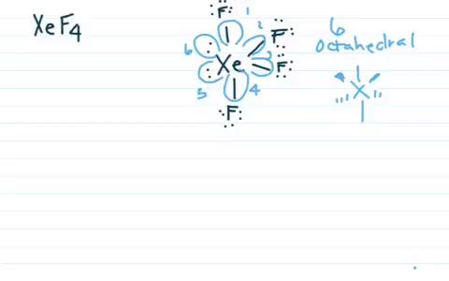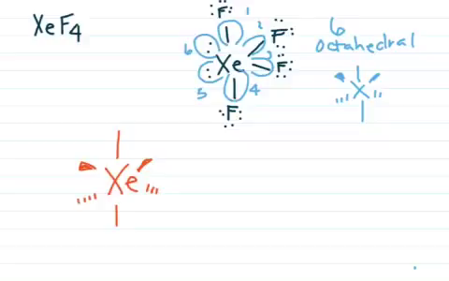Now one thing you want to keep in mind is the lone pairs need to be as far apart from one another as you can. So when we draw out this structure, I'm putting xenon in the middle, drawing out what the structure should look like first. The furthest angle that the lone pairs can actually be is at 180 degrees, which is right here.